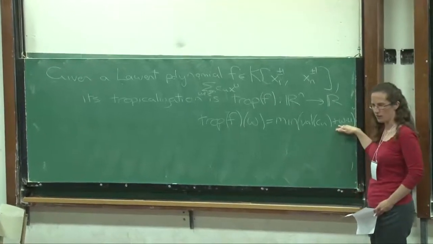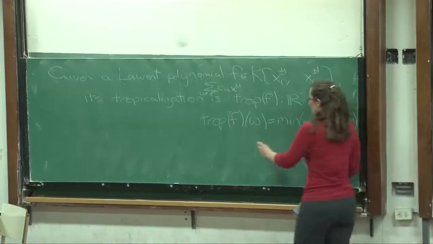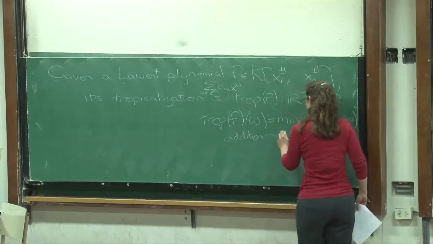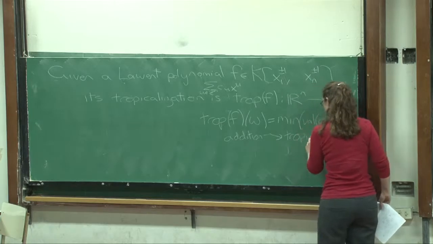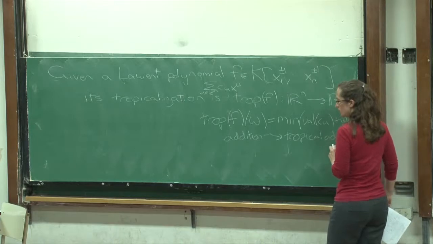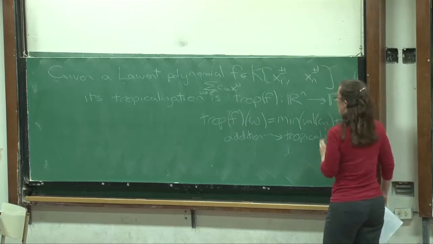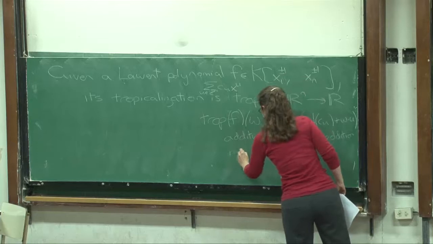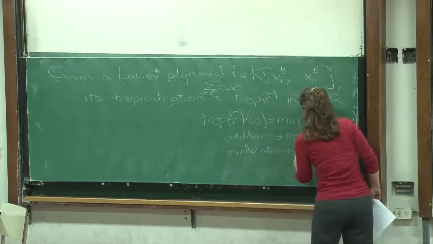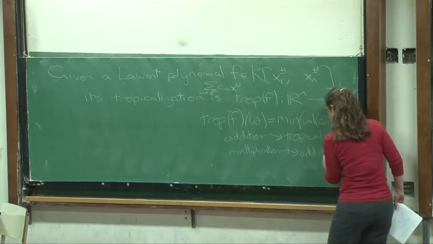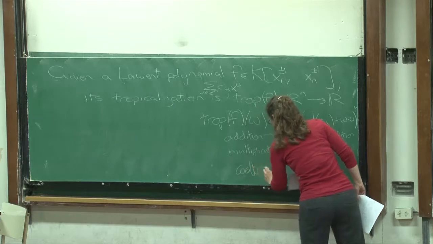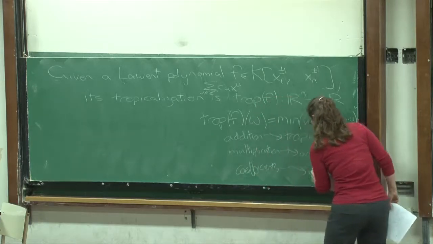So that's my dot product here. So addition turns into tropical addition, multiplication into addition, and coefficients to their valuation.